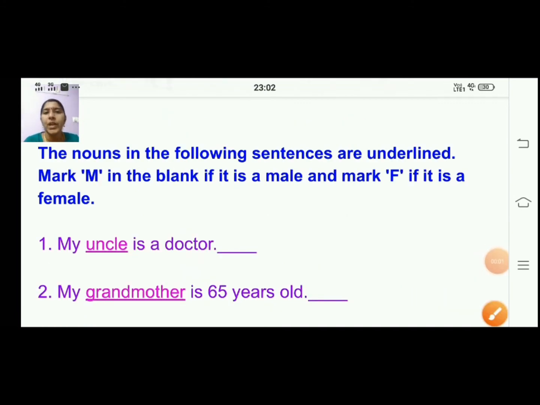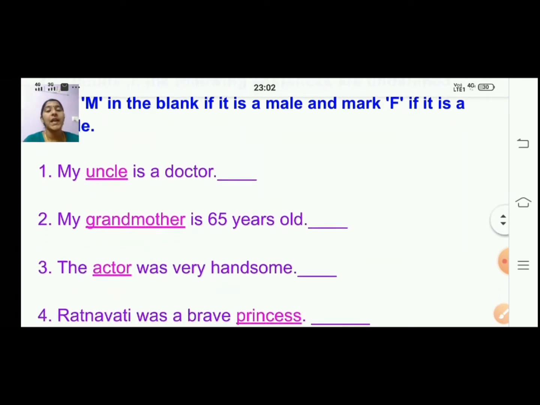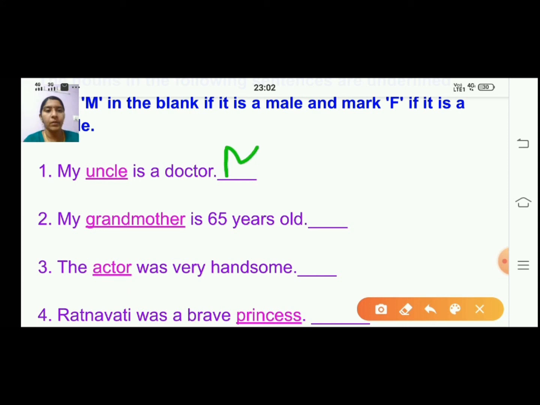So with that, we are winding up today's session. Before closing it, I'll just give a small recap of what we saw. Here the underlined words are some of the nouns. You have to identify whether it is male or female. So as you saw, uncle will be male. Then we had grandmother, female. Then we had actor, male, right?